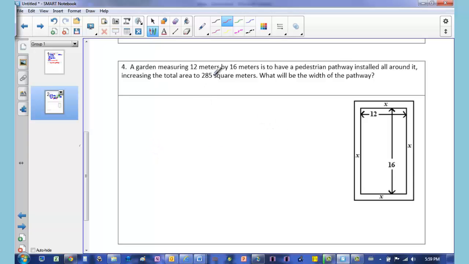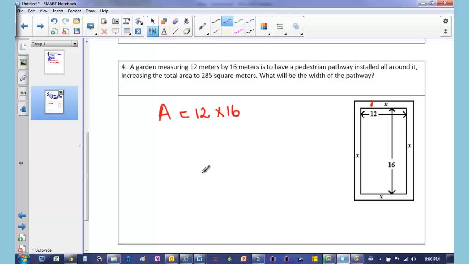A garden measuring 12 by 16 meters is to have a pedestrian pathway installed all around it, increasing the total area to 285 square meters. What will be the width of the pathway? So basically, what will this x value be? Well, before, the area was 12 times 16.